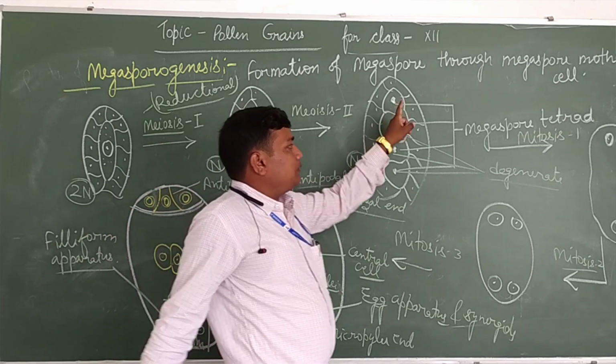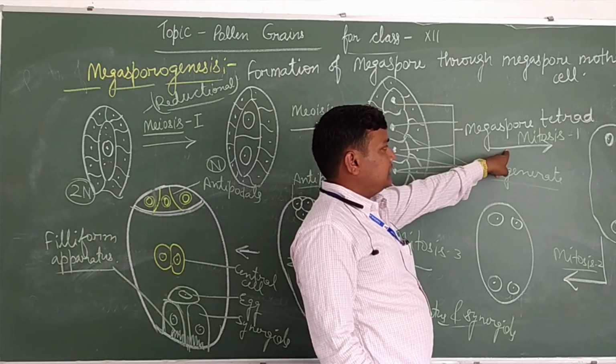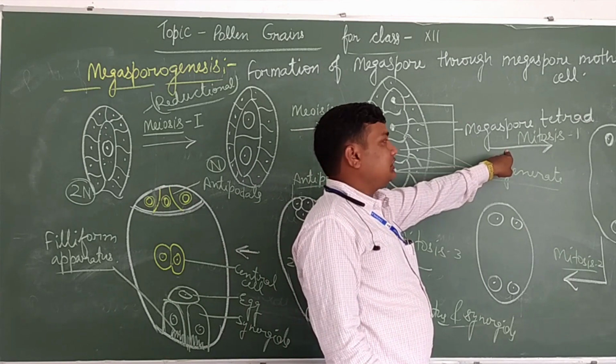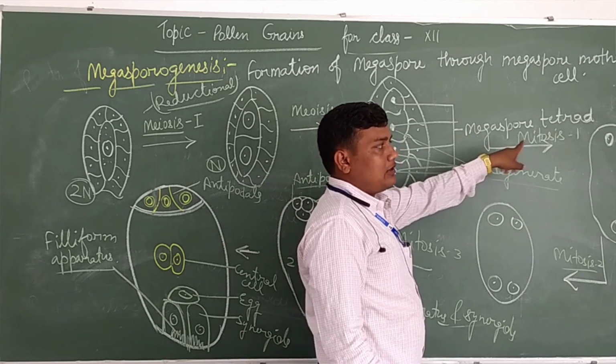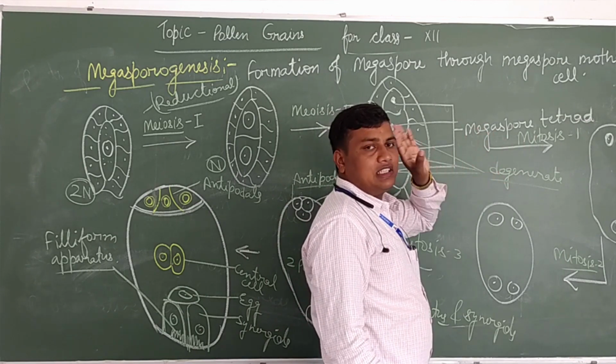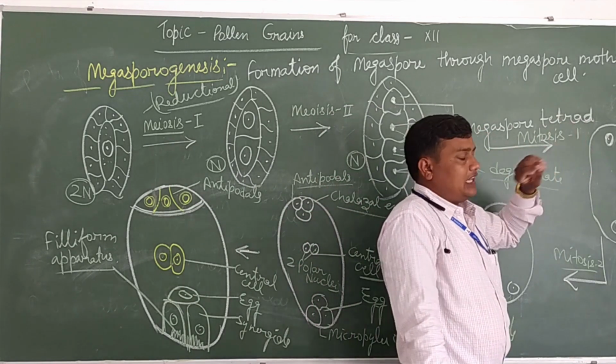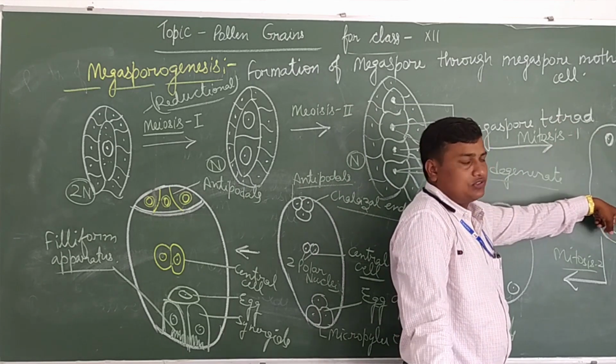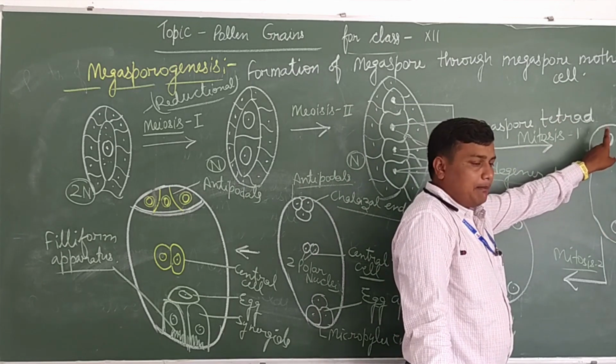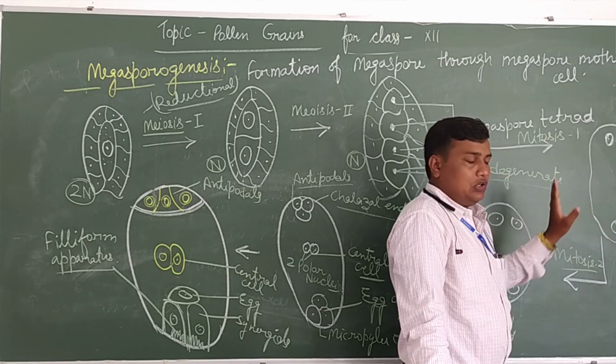Now the 1 megaspore divides through mitosis, an equational division. The number of chromosomes stays the same, only the number of cells increases. So 1 cell divides into 2 cells, and they move toward the poles, one toward the upper pole and one toward the lower pole.